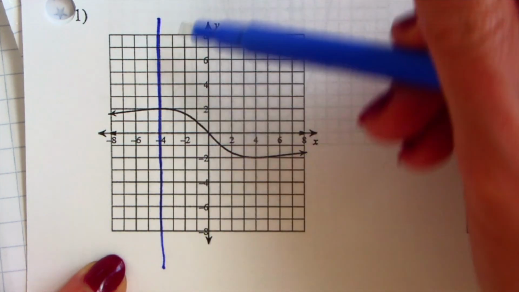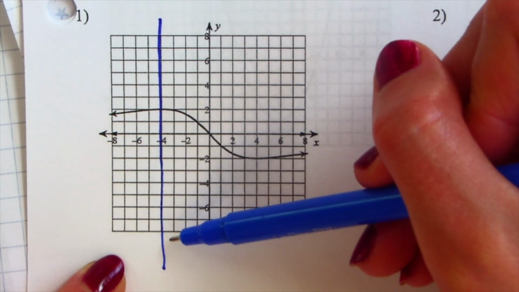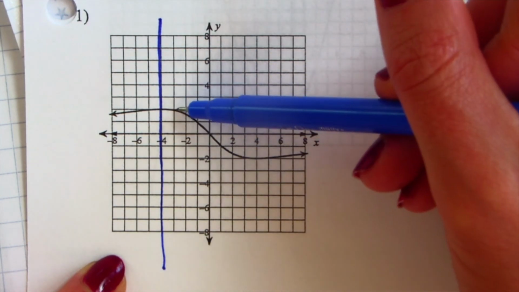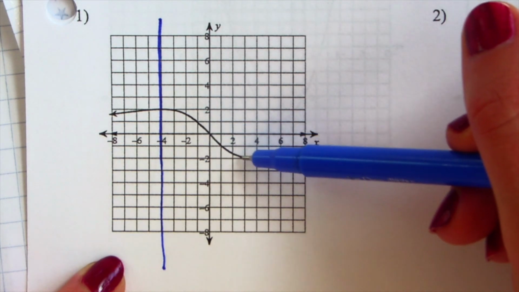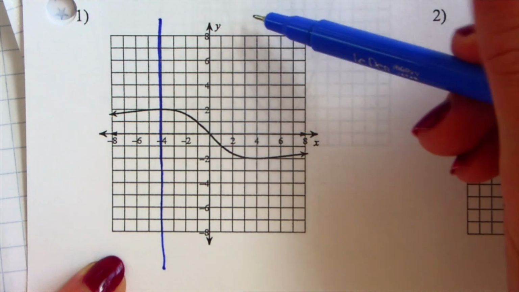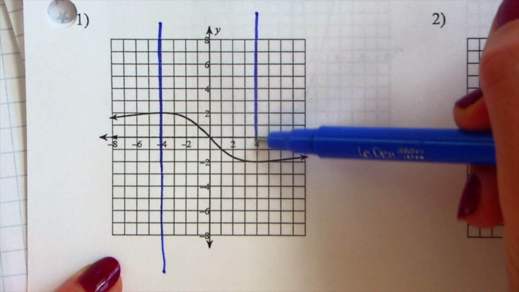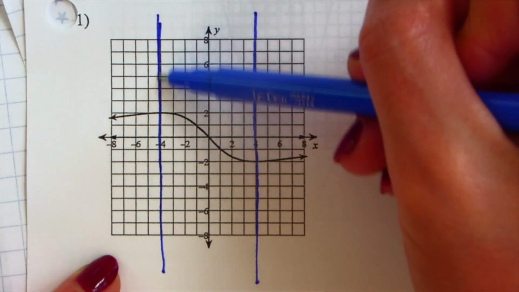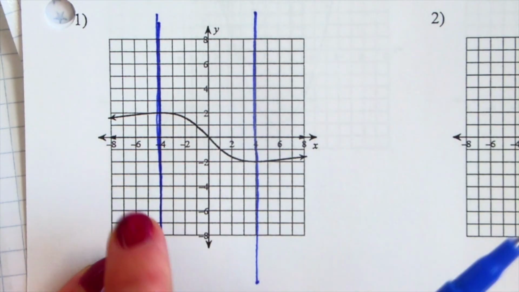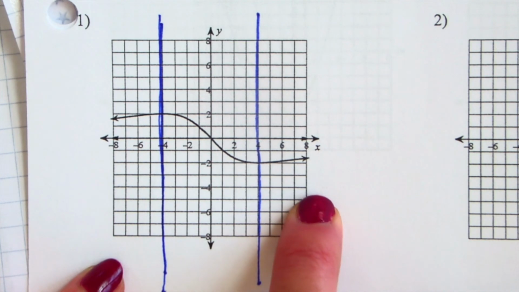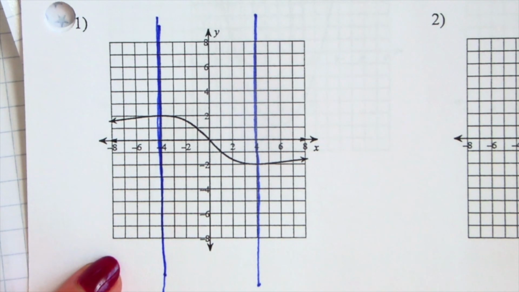So I'm going to mark off that interval of my graph. And then I have this other shift later on where the graph goes from decreasing to increasing again, and that is at the x value of positive 4. So I'm going to mark off my graph, and I'm going to end up with 3 different pieces of my graph, 3 different parts that are all doing different things.